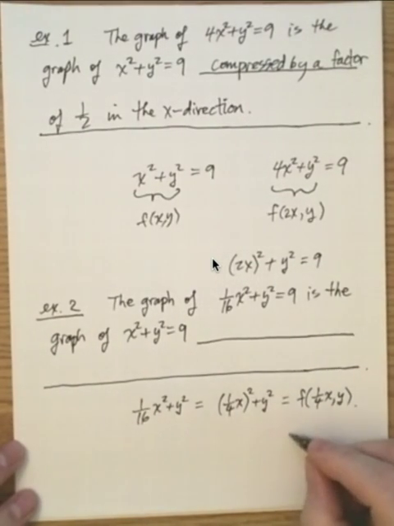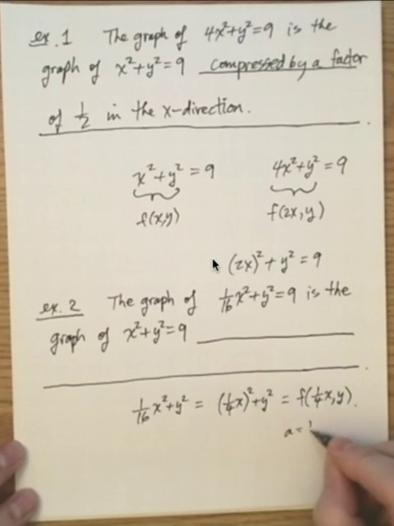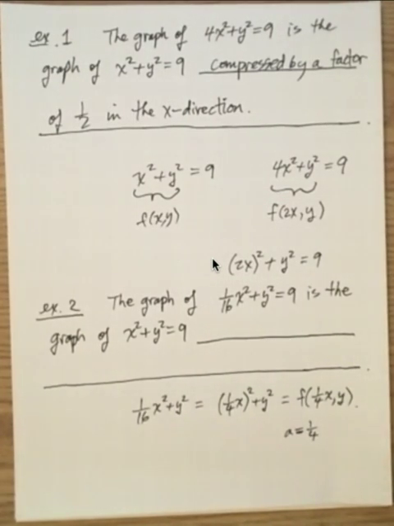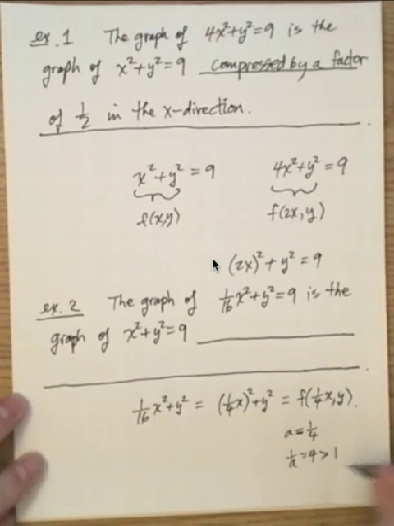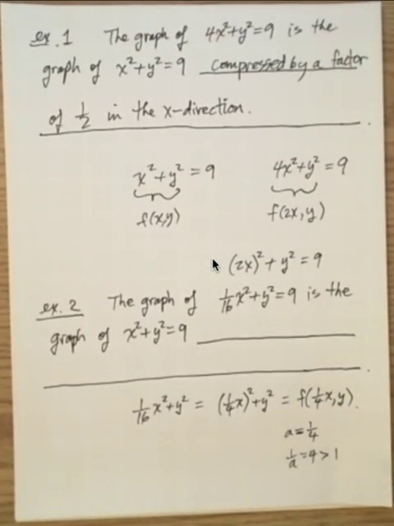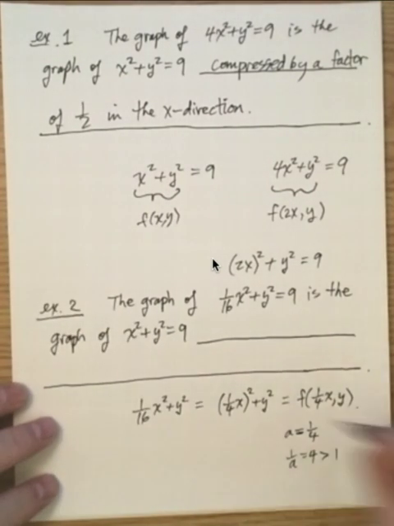Once again, the factor I'm multiplying on x, which I've been calling a, is 1/4. So when I'm considering whether it's a stretch or compression, I need to take its reciprocal. 1/a is 4. That's greater than 1, so this is going to be a stretching in the x direction. So it's the graph of x squared plus y squared equals 9 stretched.